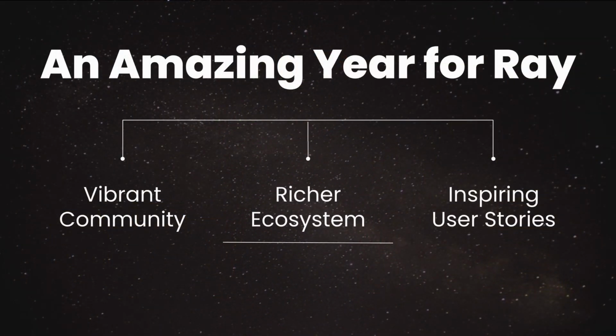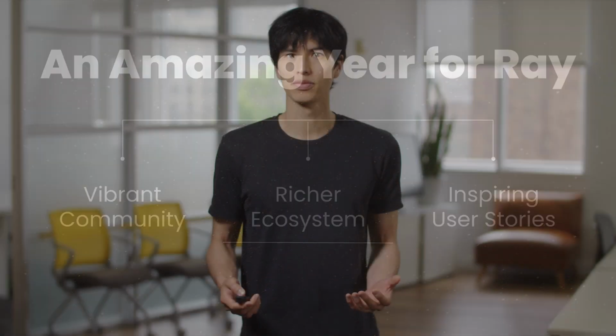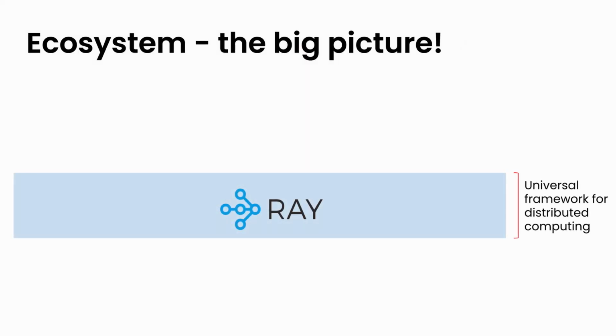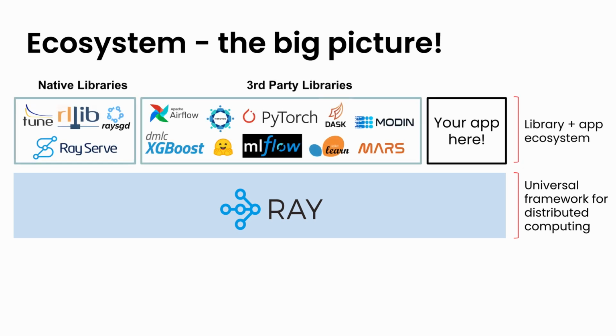One of the things that makes Ray special, and where we've seen a lot of growth, is its library ecosystem. And we've seen a ton of investment in this ecosystem. As a reminder of how the ecosystem ties in, Ray is a universal framework for distributed computing. It's very general. And that generality is important for supporting this rich library ecosystem, everything from training to production serving to data processing.